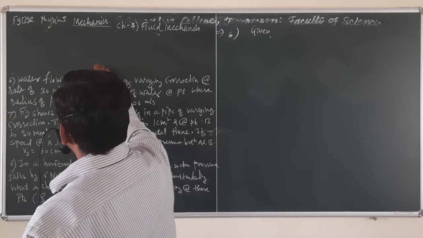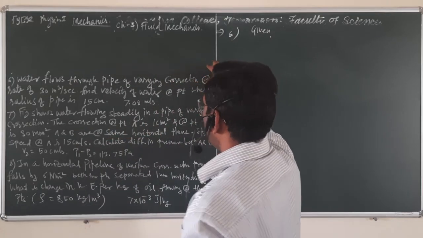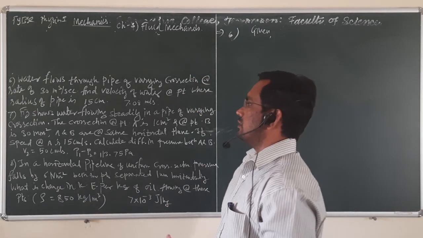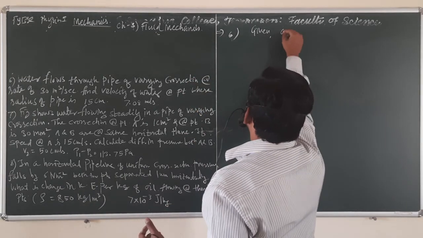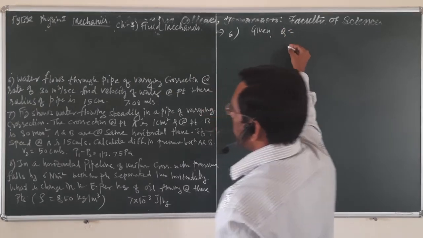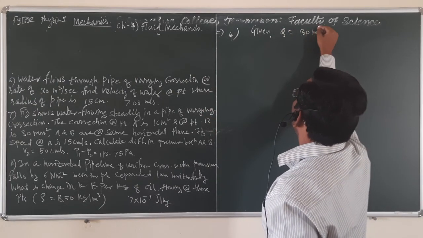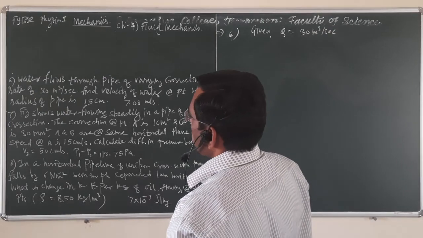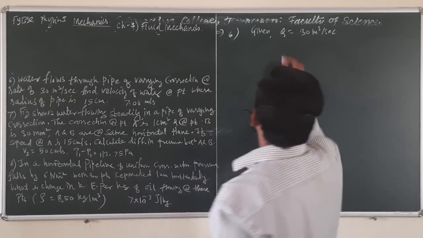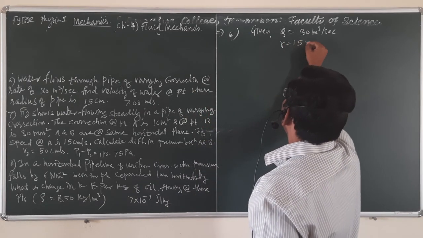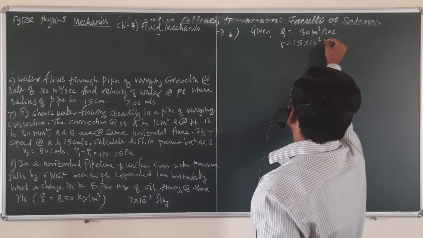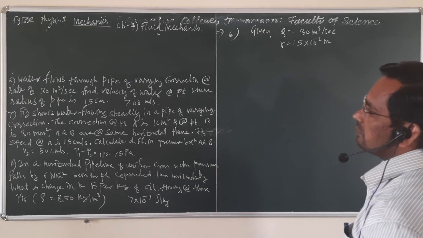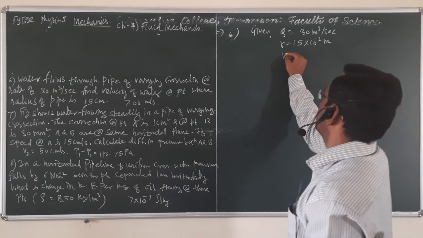First of all, given: water flows through a pipe of varying cross section, this means the radius of that pipe is not constant, and the rate of flow of water is given, which is 30 meter cube per second, and the radius of the pipe is 15 centimeter, which is 15 into 10 raised to minus 2. And we have to find out the velocity.